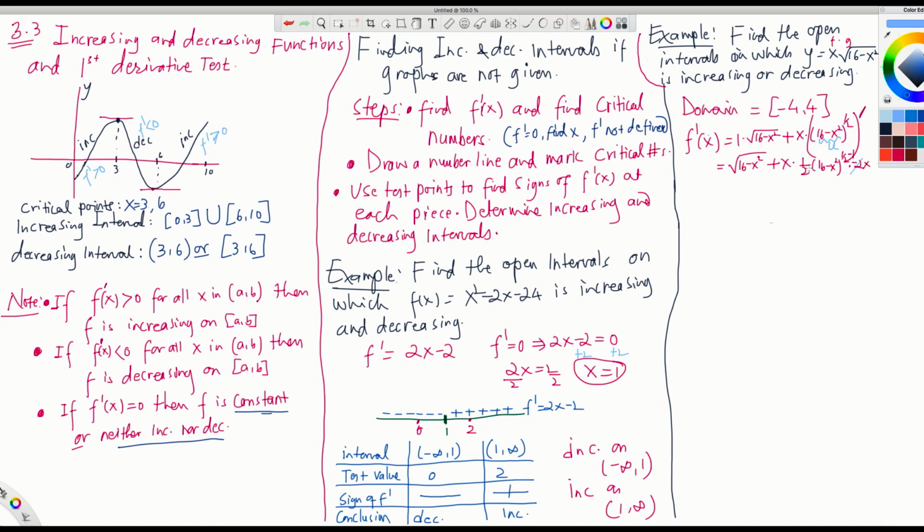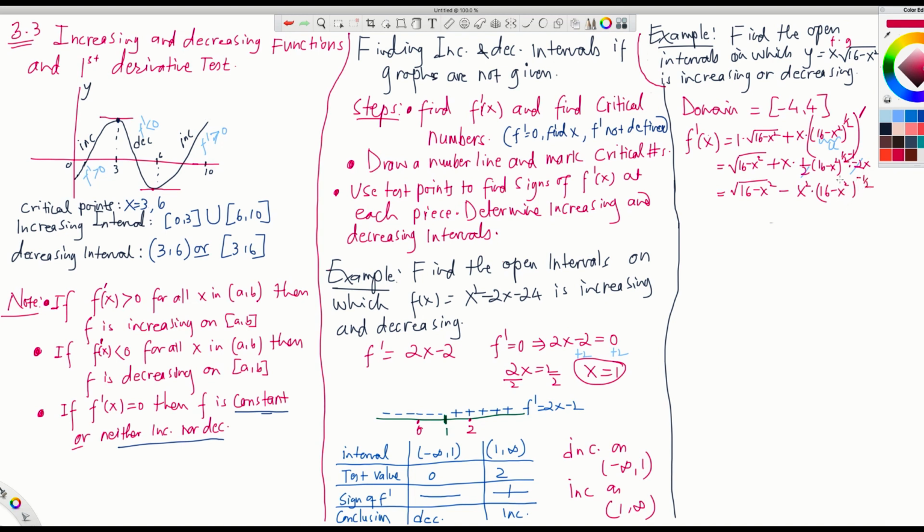And this 2 divided by 2 will be just 1. So what is left is the root of 16 minus x squared, and then positive x times negative x, which is minus x squared, times 16 minus x squared to the negative 1/2.